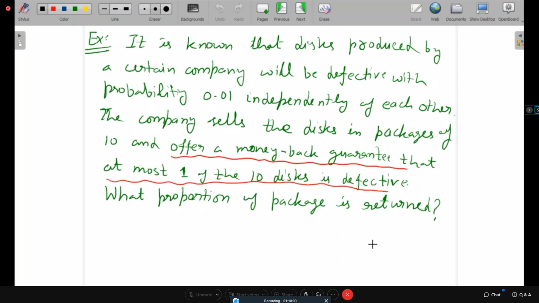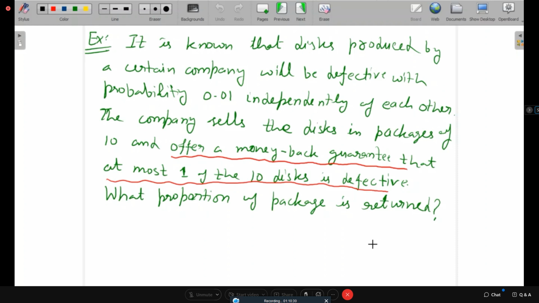Let's do this problem. Read it. It is known that discs produced by a certain company will be defective with probability 0.01, independently of each other.